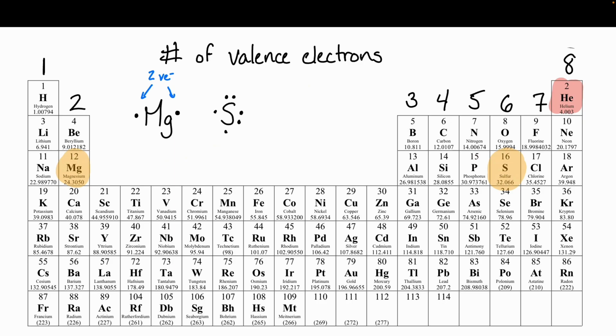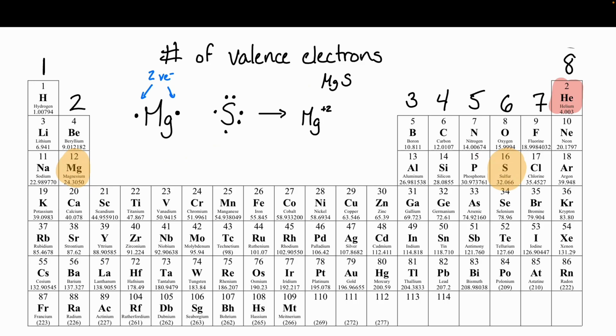Okay, so now, if these combine together to make that magnesium sulfide compound, my magnesium has to become a magnesium ion with a +2 charge. So when the neutral magnesium atom becomes the magnesium ion with a +2 charge, what is it going to have to do?